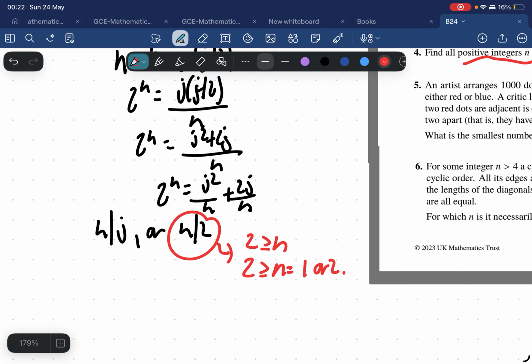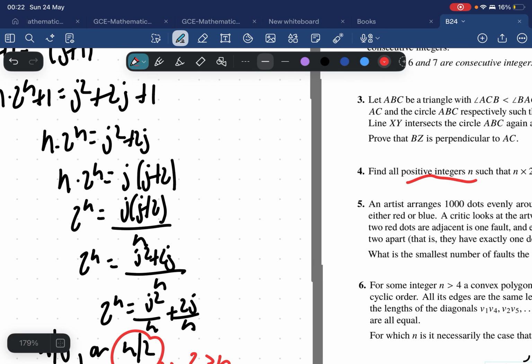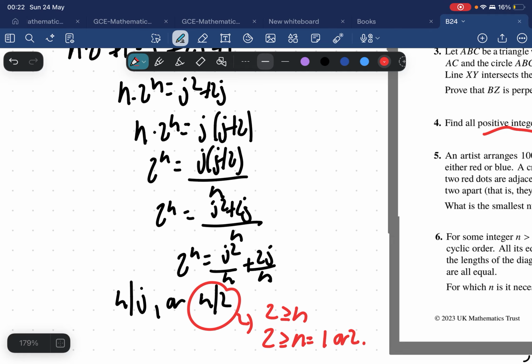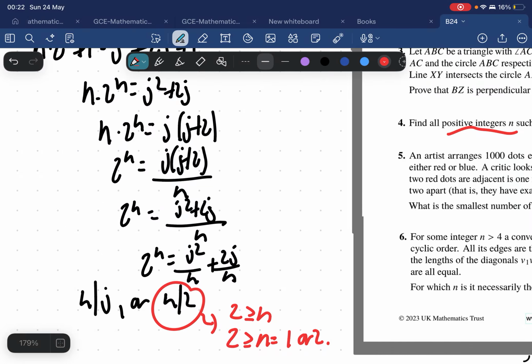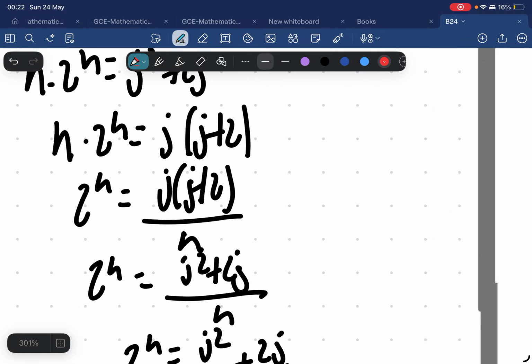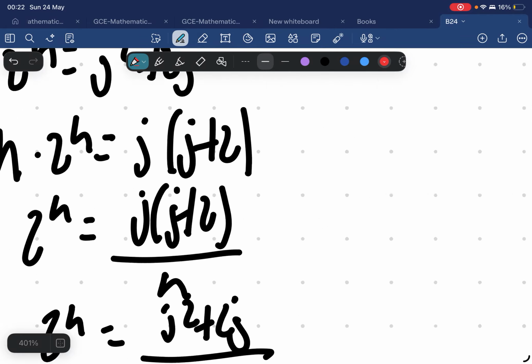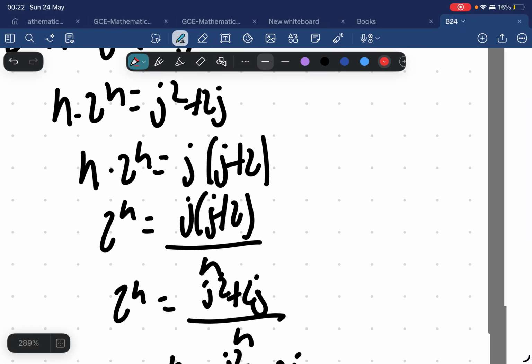Of course, well, if n is equal to 1, then 2 to the n would be 2, so then j squared would have to be like, oh, possible actually, because j is an even number. j is not odd, so let's be, sorry, j is not 0.